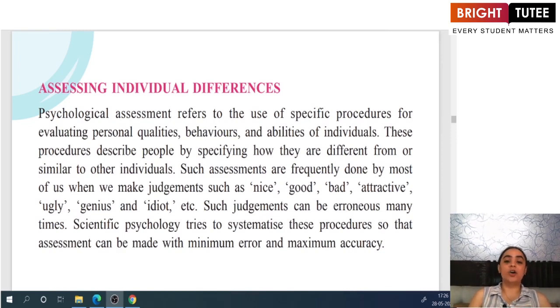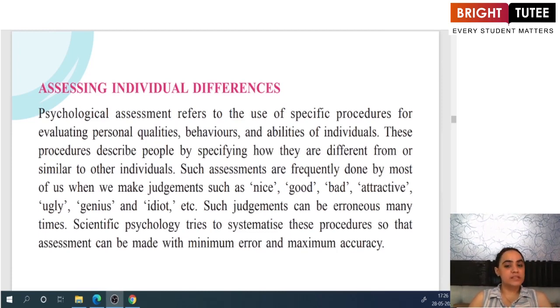Now, the psychological way in which individual differences can be assessed is on the basis of certain procedures that will help you to evaluate the personality of a person, the behavior, the abilities of the individuals.